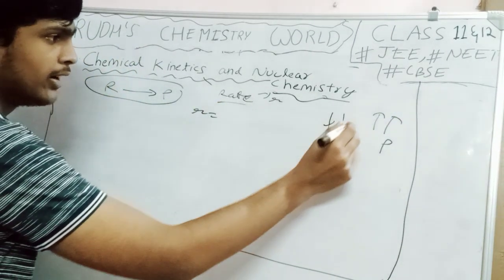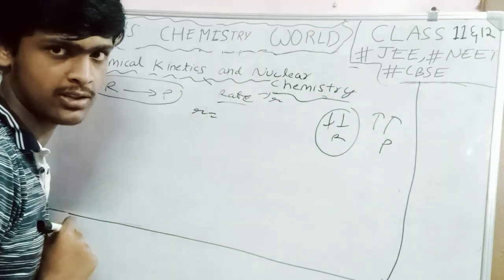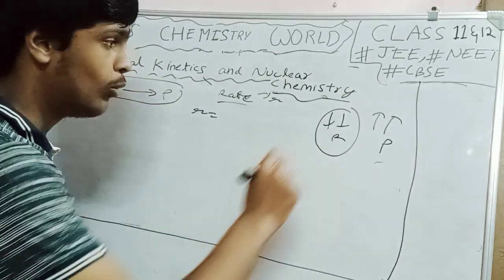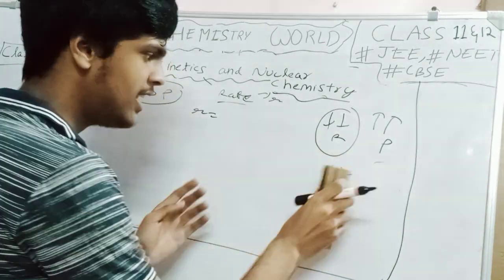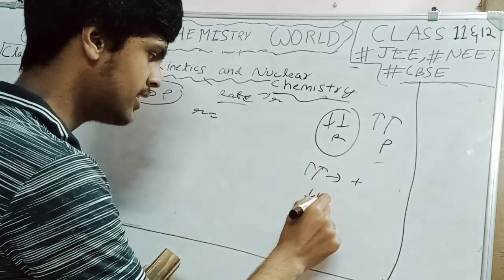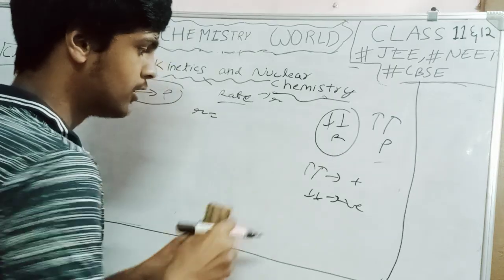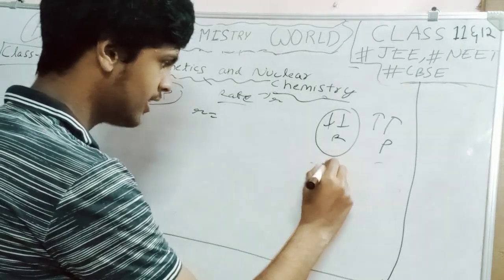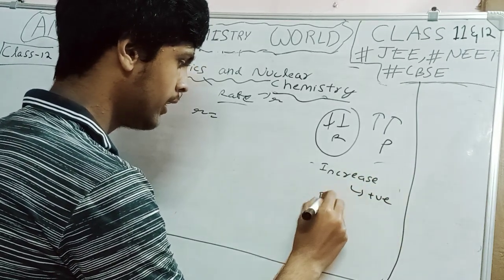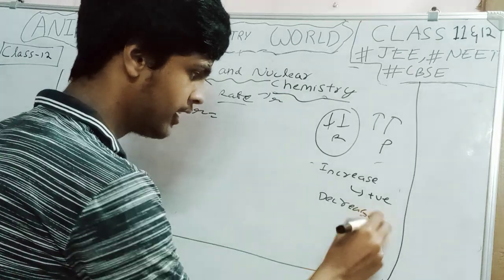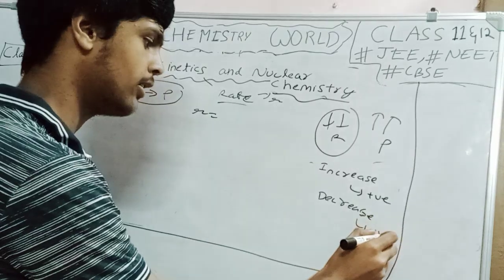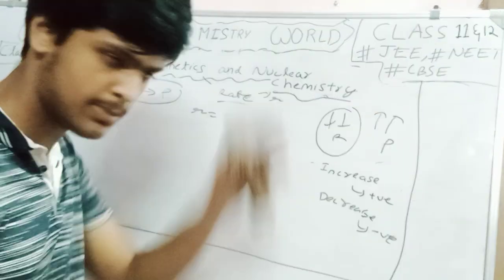So rate is equal to, we are defining for reactants first. First for reactants we'll write the formula, and after that we'll write the formula for the products. What is happening? Decrease. By convention, everywhere, increase means positive and decrease means negative.